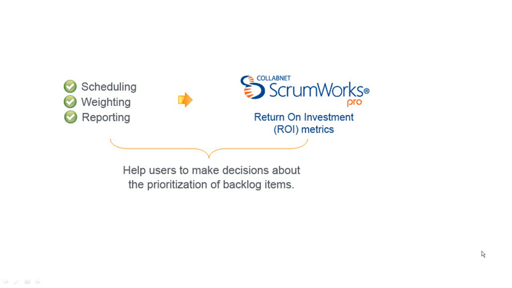To assist in scheduling, weighting, and reporting, ScrumWorks Pro provides return on investment, or ROI, metrics to help users make decisions about the prioritization of backlog items. The calculation is based on the business weight and effort requirements of each item.